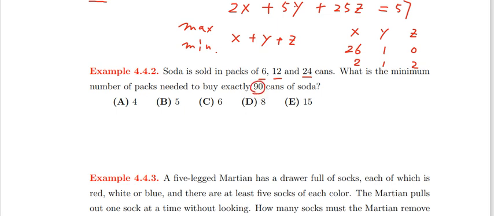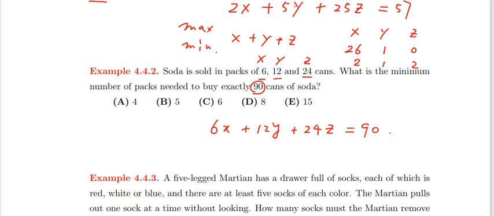How many of the 6 packs, how many of the 12 packs, how many of the 24 packs? We put the 6 packs as x of them, so we have 6x plus 12y plus 24z equal to 90, right?